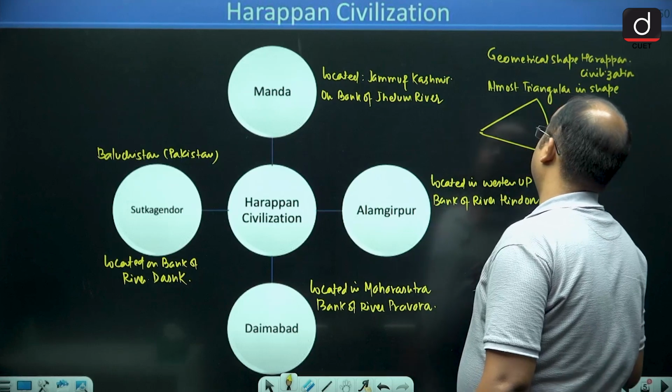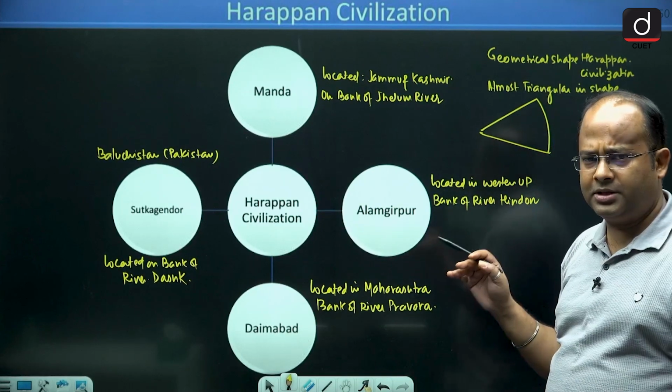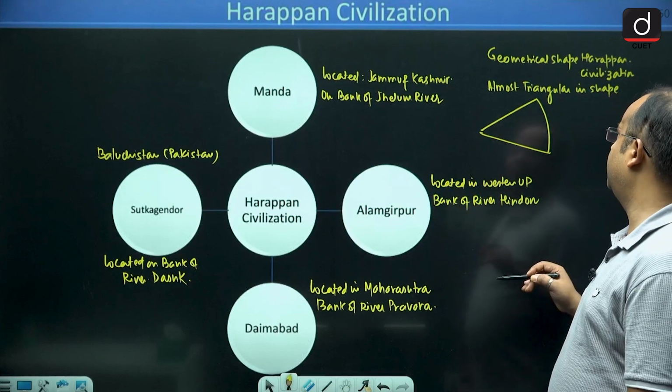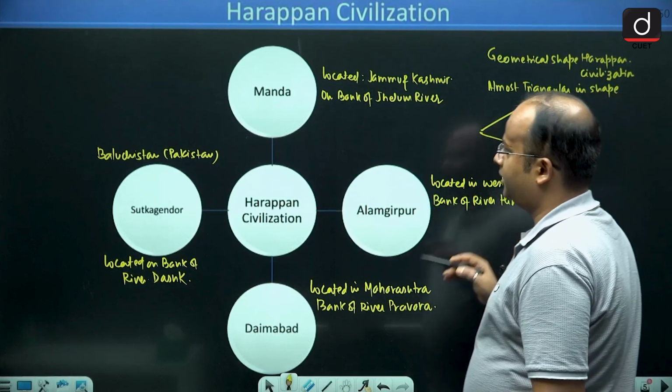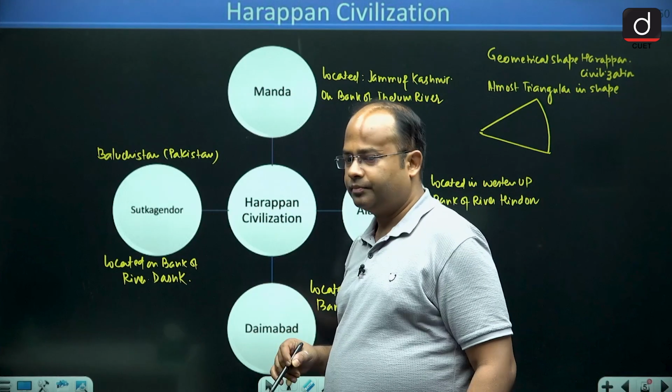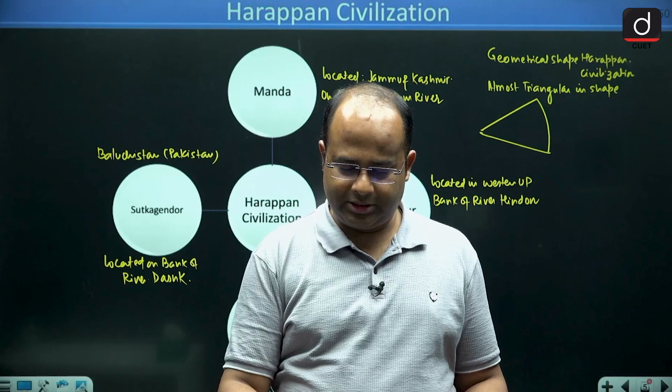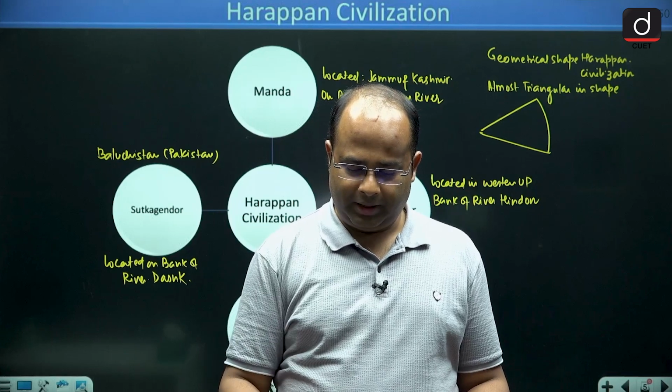It is a rough geometrical figure of the Indus Valley. So I hope, guys, that is clear to all of you about the Indus Valley civilization? Am I clear to all?